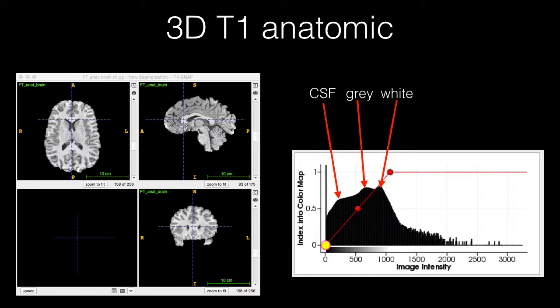If you look at the histogram of intensities from this image, you can see clear peaks associated with each of those three tissue types. You can look at that histogram and imagine how automated algorithms might use that distribution of intensities to try to find the boundaries between tissues, which is something that we're going to talk about in a little bit.